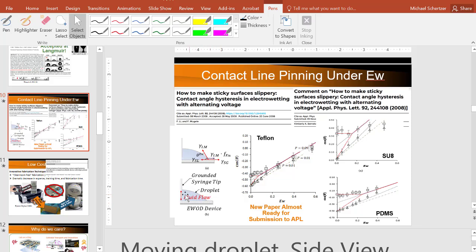Now we can have a droplet and suck fluid out, and the same thing, the friction on the surface is going to keep the contact line there until it eventually moves in, and we measure a receding contact angle, right? So there's this band of contact angles between the receding and the advancing contact angle, and the equilibrium contact angle is in between that band.